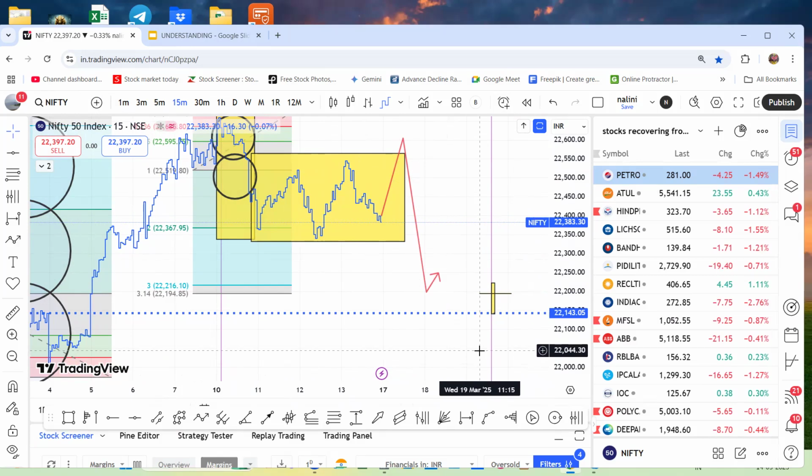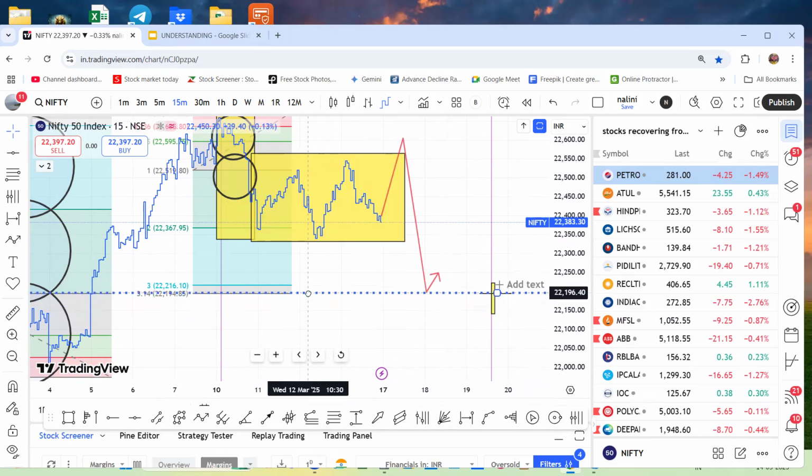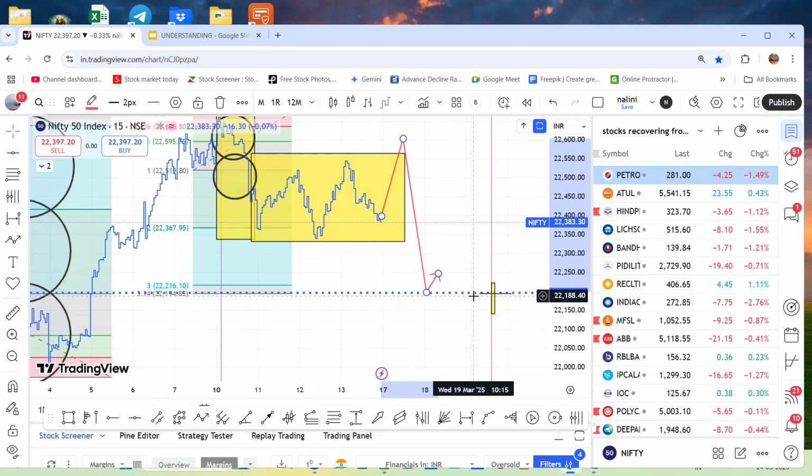Either it can happen. So this is the level which is make or break level for this cycle. It is continuing to the weekly template. Monday for this week, this is the deciding factor. 22,193 is the deciding factor.